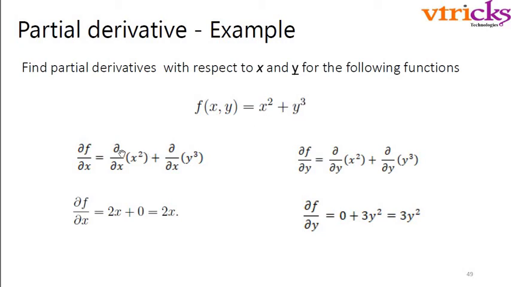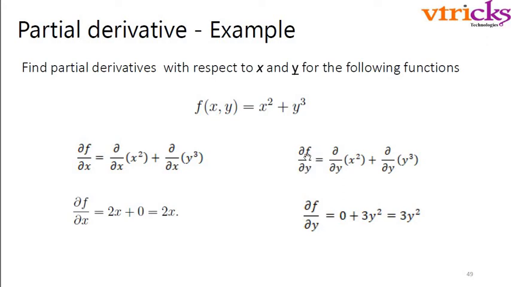So this will be del by del x of x square plus del by del x of y cube. When we differentiate x square with respect to x, we get 2x. Since y is treated as a constant, we get 0. So the partial derivative of f with respect to x is just 2x. Likewise, we can find the partial derivative of f with respect to y.